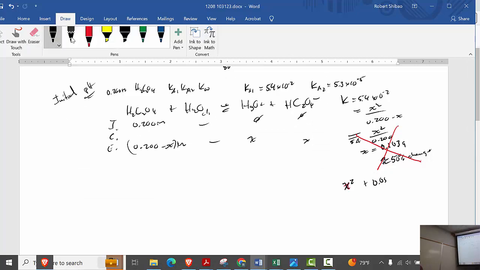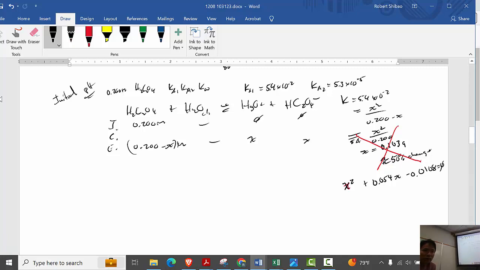Plus 0.054x, okay, minus 0.2 times that, minus 0.0108 is equal to 0.